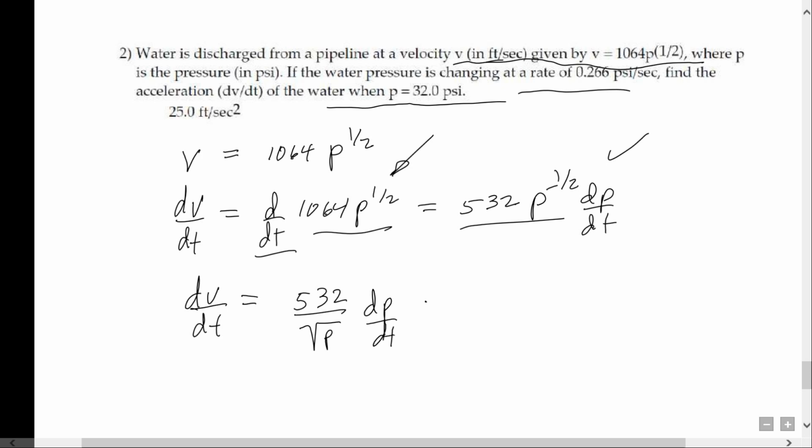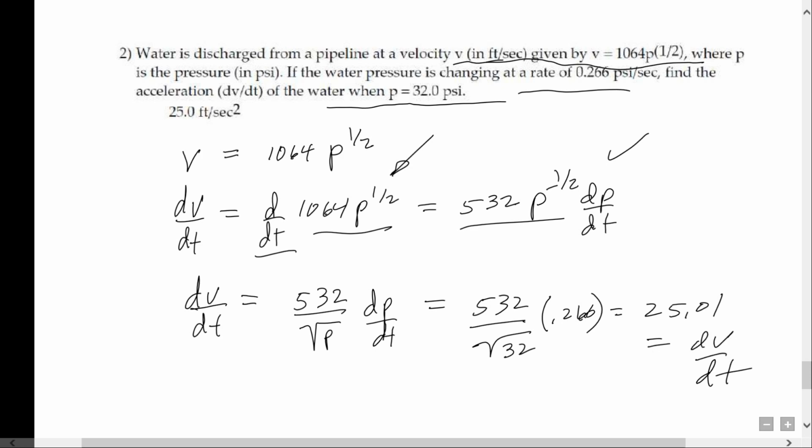Now we calculate dv dt when the pressure is 32, so we take the square root of 32, and it said that dp dt is 0.266. So multiplying this out, we get 25.01 is dv dt.